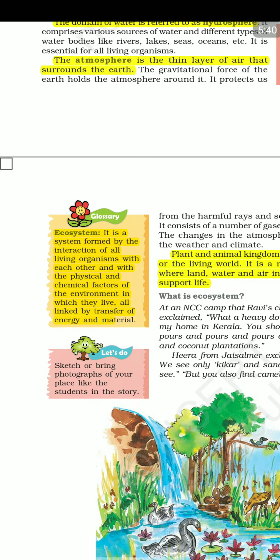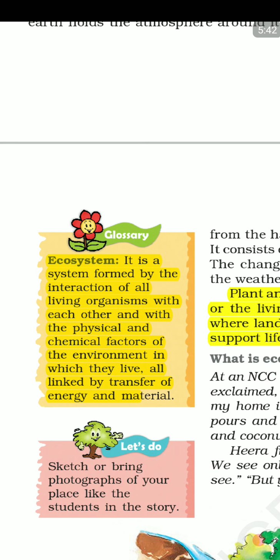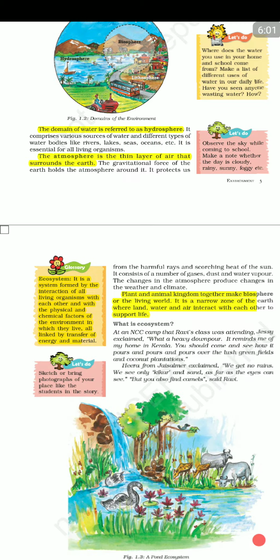Right. So here a good definition is given. It is a system formed by the interaction of living organisms with each other and with the physical and the chemical factors of the environment in which they live, all linked by the transfer of energy and materials. The linkage is energy. Without that transfer of energy and material, there is no formation of an ecosystem.